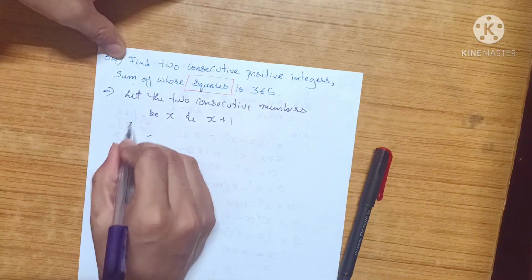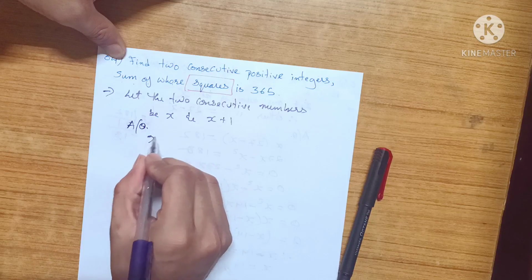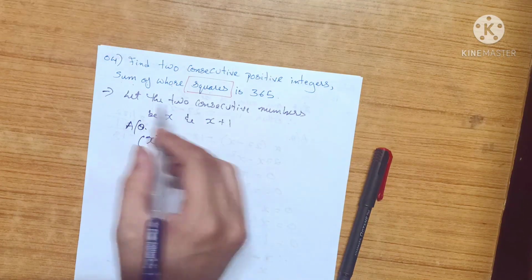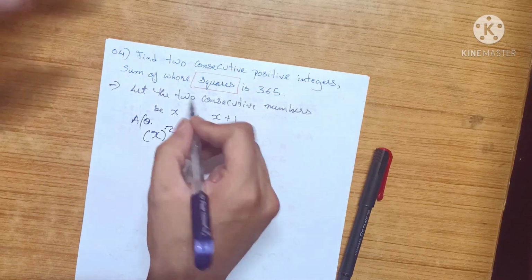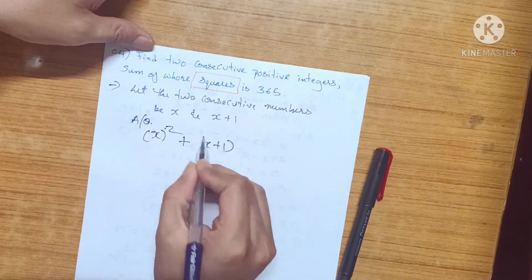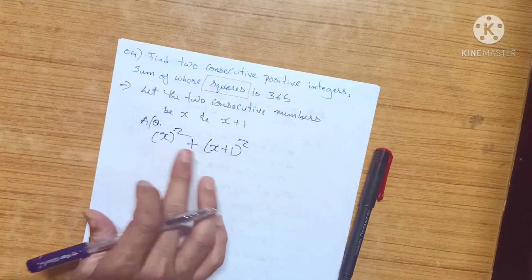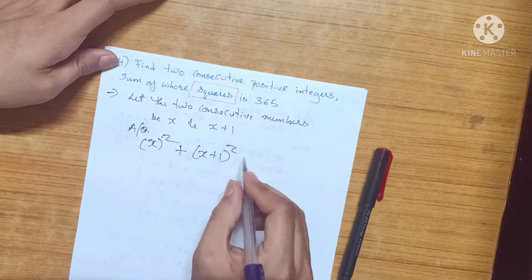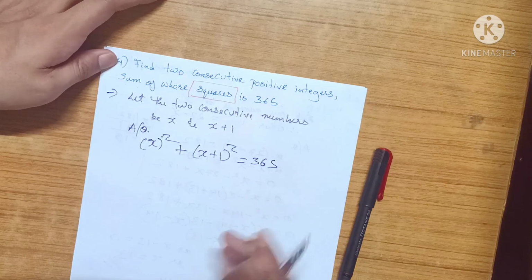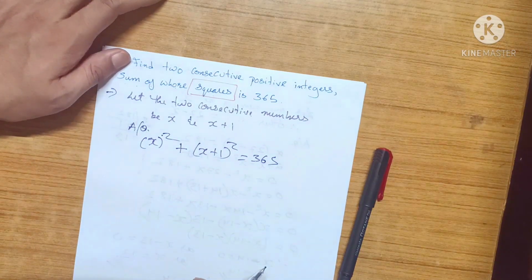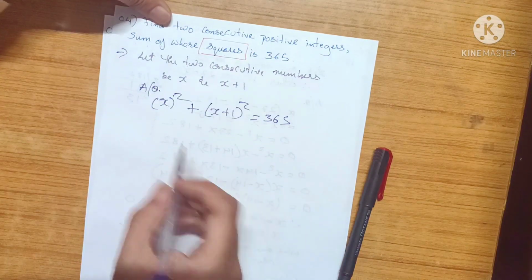So according to the question, it will be the square of the first one plus the square of the next one. So the sum of the squares of the two consecutive numbers is 365. Got it?